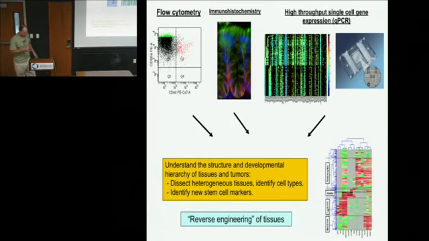And people have been trying that over the years, and some of the popular tools have been flow cytometry, which works great for things like blood, and have now been more recently applied to solid tissues. People dissociate the cells and put them through the cell sorter. Immunohistochemistry, where you stain things with antibodies and look under the microscope, is another powerful tool.